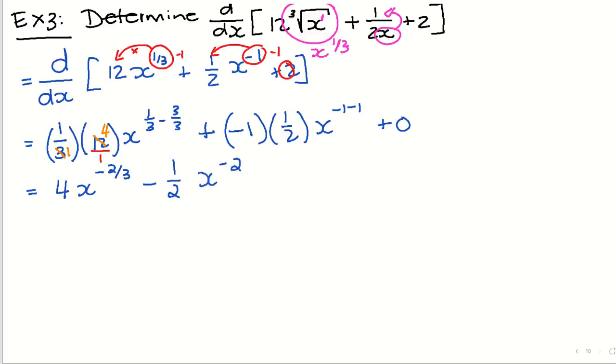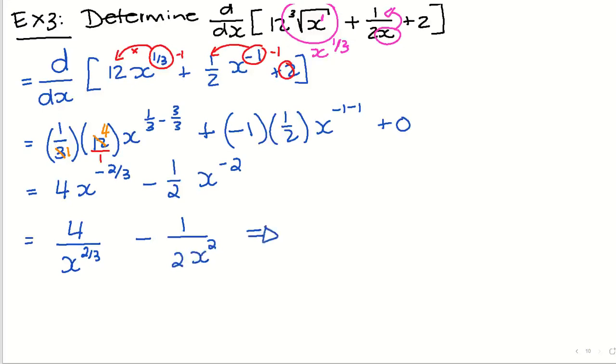I can rewrite this so that I don't have negative exponents. This whole thing goes down to the bottom. We have 4 at the top, and we have x to the 2 over 3 minus 1 over 2. This is a minus 2, so when I move it down to the bottom, it becomes a positive 2. I can simplify this even further.